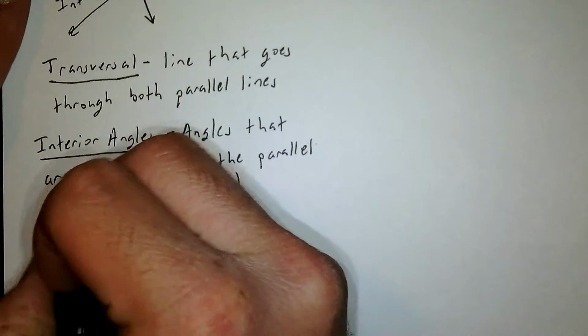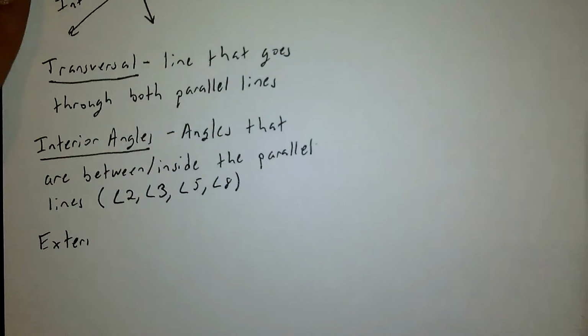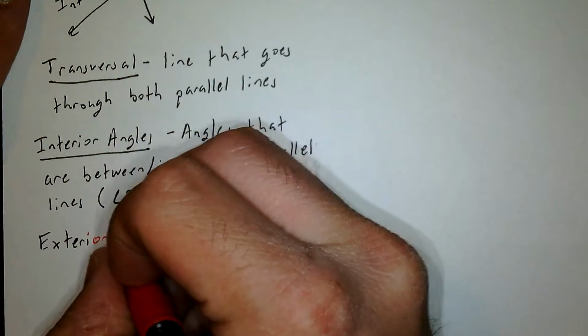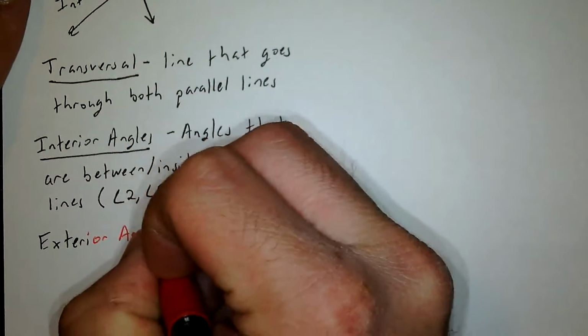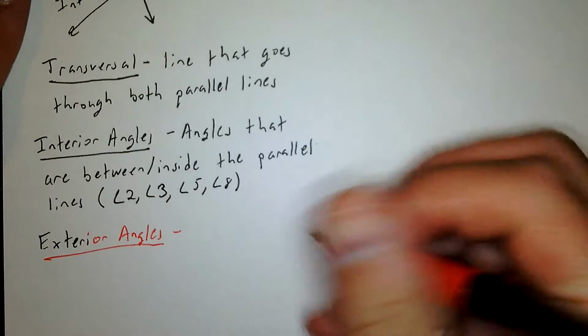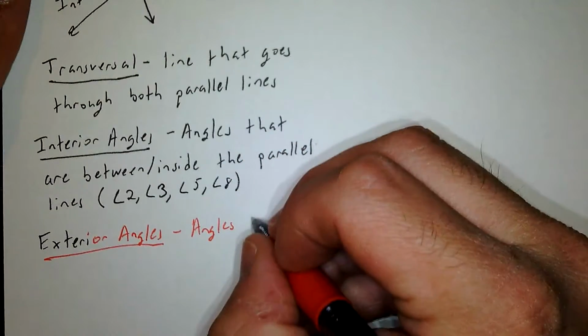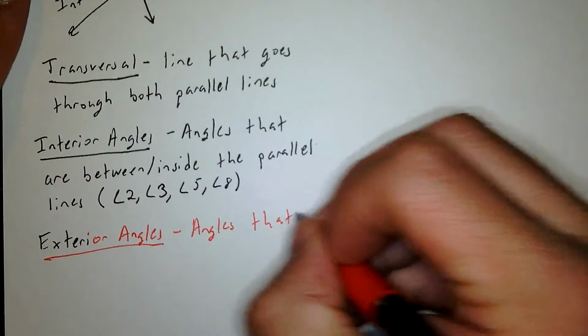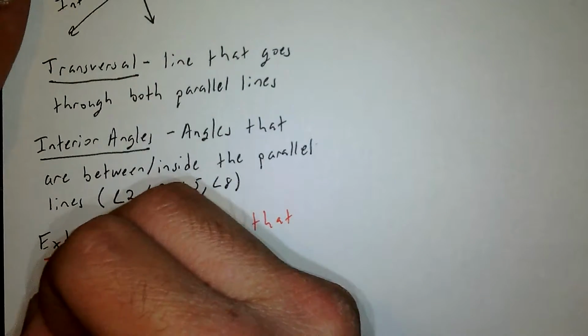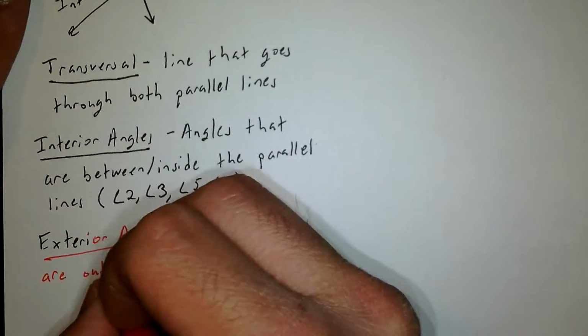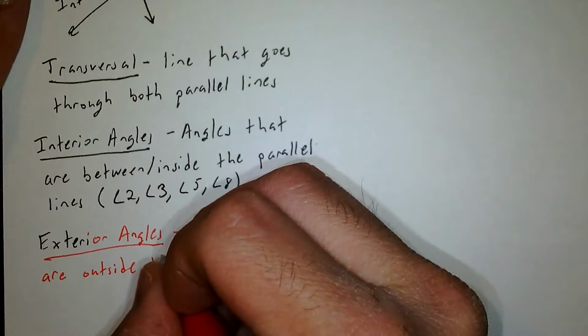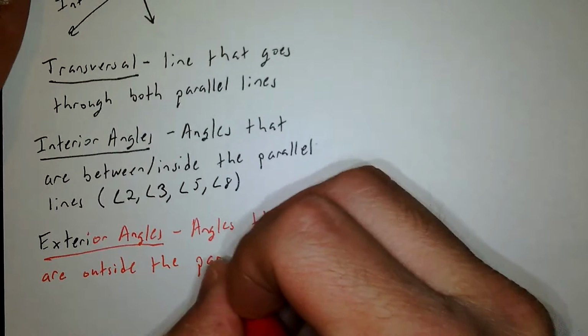We can also have, oops, let's write this in red, exterior angles. Exterior angles are angles that are outside the parallel lines.